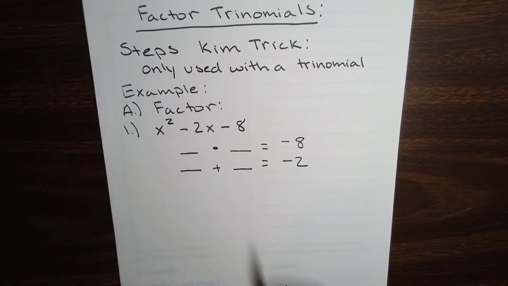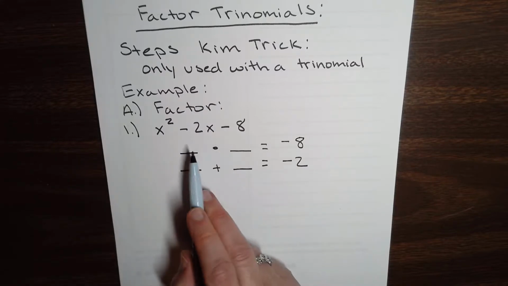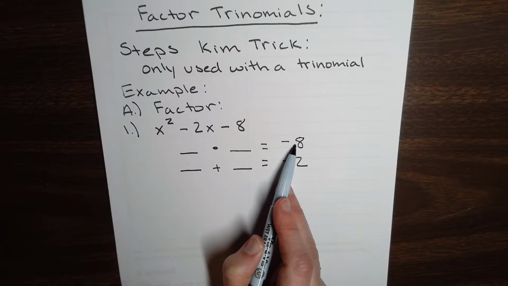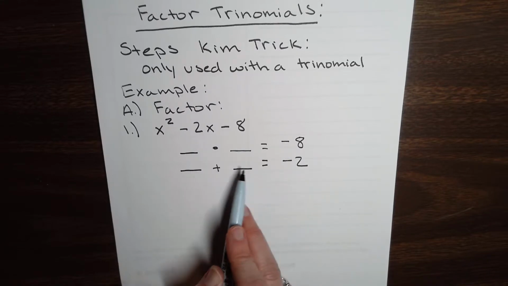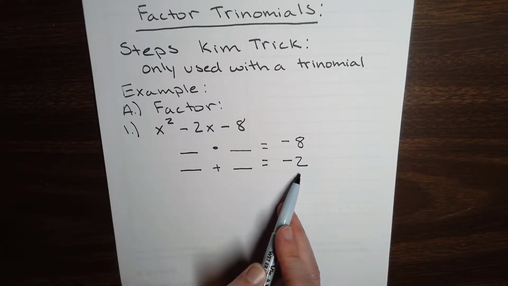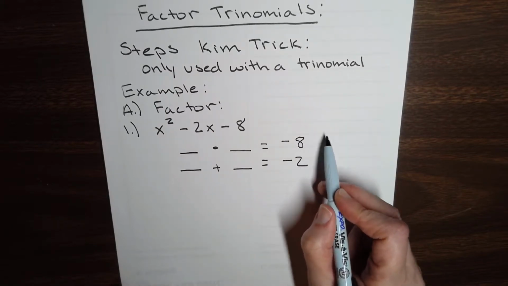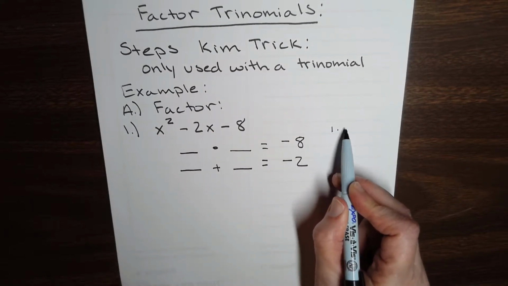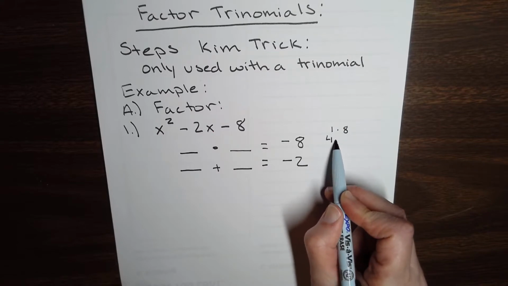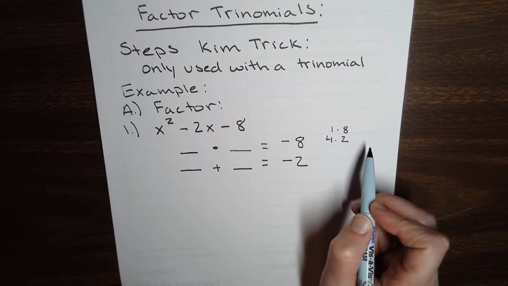So it's kind of like a puzzle. You're trying to figure out some number times some number gives you the last term, and the same two numbers when you add together give you -2. Writing down the factors for 8 might be helpful, like 1 times 8 gives us 8, 4 times 2 gives us 8, and that's it.